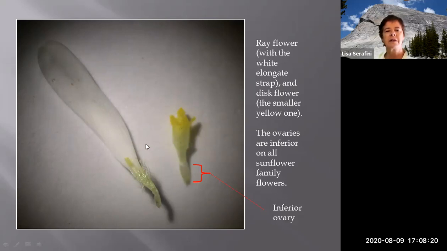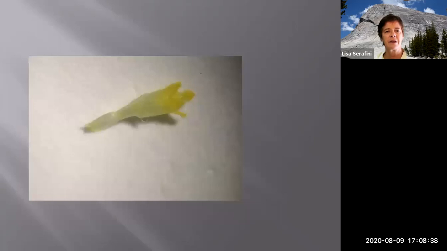The sexes can be different on these, it depends, but usually the disc flowers have both male and female parts, and you can see the ovary down there. So pretty cool. Tell your friends that this is not a flower, it's a whole group of flowers. A daisy is a whole group of flowers. Another fuzzy picture.